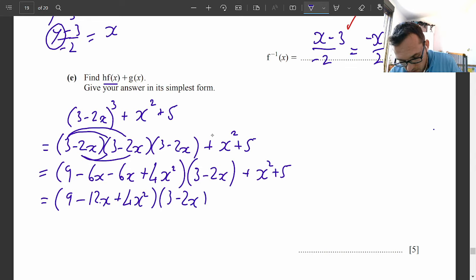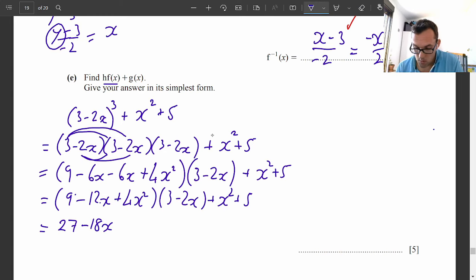And we still have that bracket. And don't be lazy. Don't lose the x squared plus 5. Now we're expanding the next bracket. We need to multiply everything in the first bracket by everything in the second bracket. We start with a 9. 9 times 3, 27. 9 times minus 2x is minus 18x.